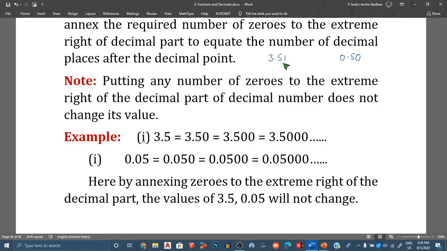If this decimal number has 2 digits, you have to add one more 0 here. For example, here it is 3.513, 3 digits are there, so you add one more 0. Like this you can convert unlike decimals into like decimals.